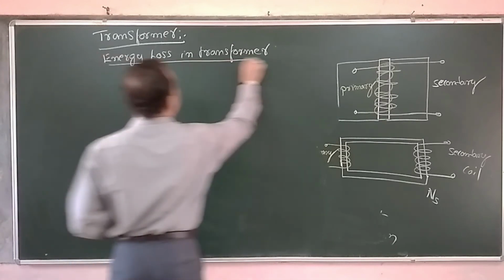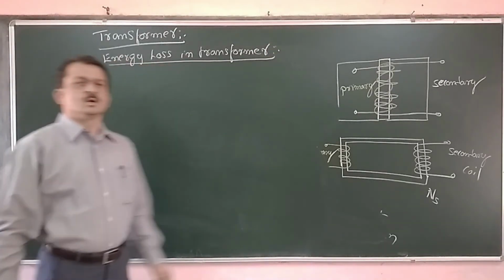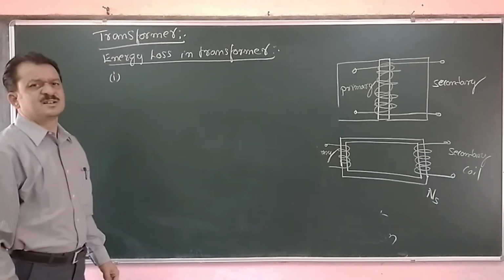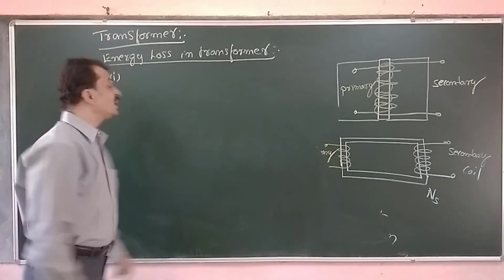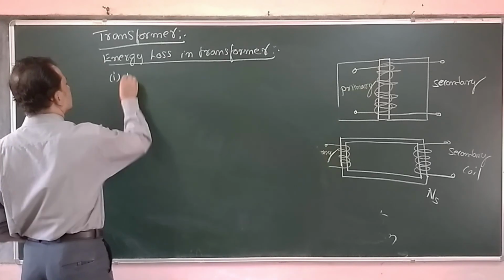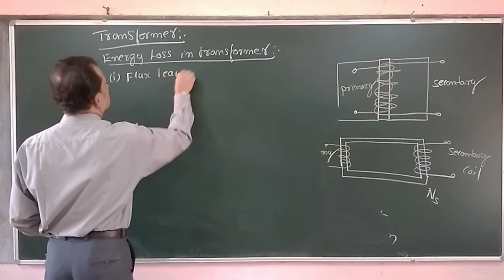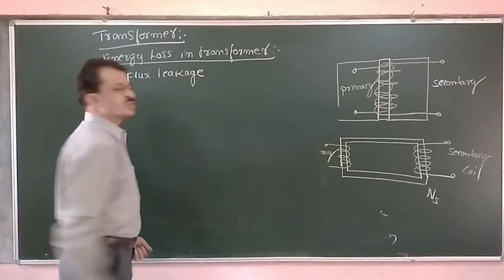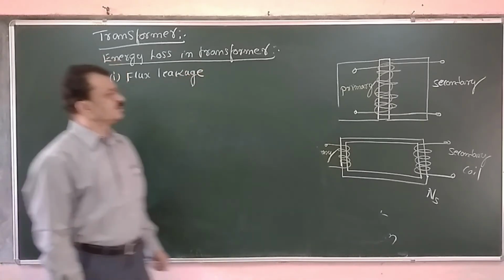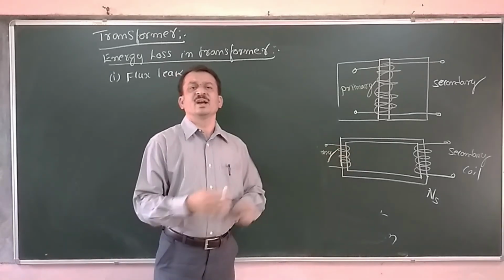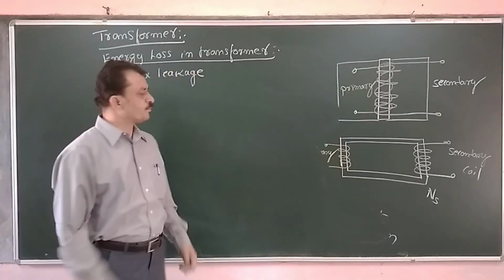Now the first way of energy loss is flux leakage. Leakage means the primary coil is producing the magnetic field lines.